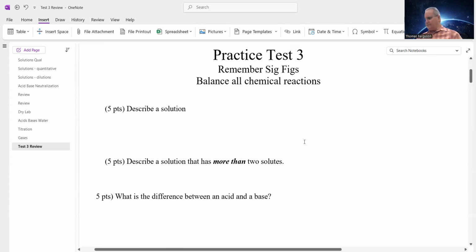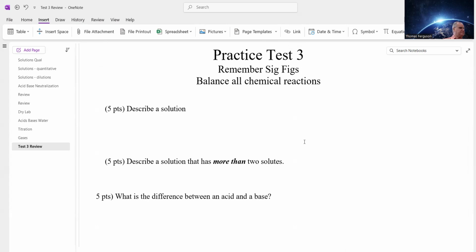All right, so let's go through this here. Describe a solution. A solution is two parts, a solvent and a solute. There can be more than one solute, but only one solvent. No exceptions.